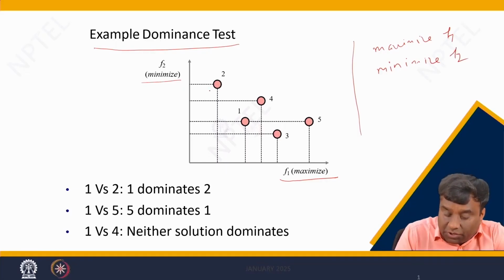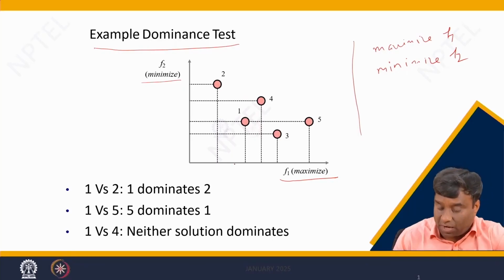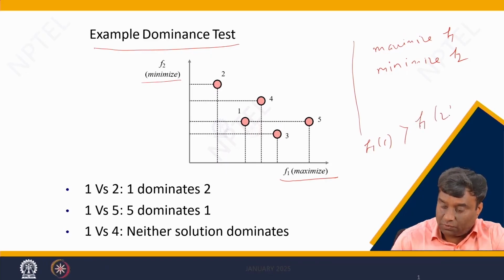So now here in the plot, this is 2 and 1. Definitely F1 of solution 1 is greater than F1 of solution 2.